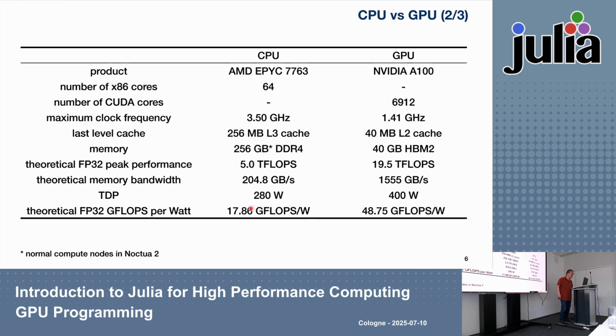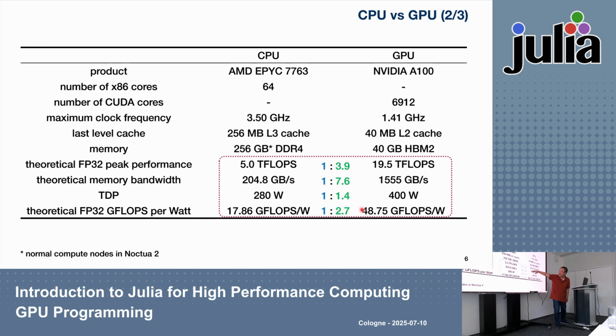And last but not least, the energy consumption. The CPU takes less energy, but not really much less. The GPU takes more energy. But if we consider the so-called performance per watt, if you want to know whether a calculation is energy efficient, you will realize that the GPU is more computationally energy efficient than the CPU.